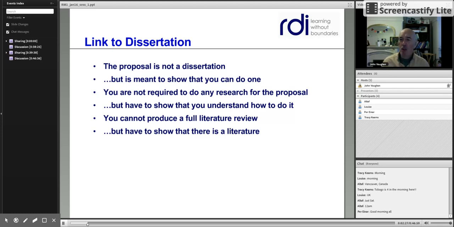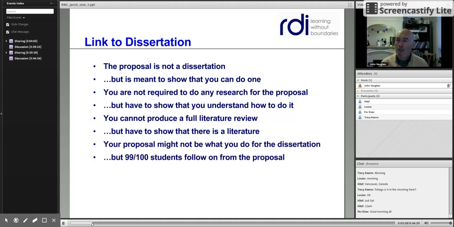In the actual dissertation, that's likely to be the biggest section, and something like 6,000–7,000 words is fairly common for a lit review, which is double the size of this assignment. So you clearly can't do a full literature review, but what we need you to do is really two things. First of all, to show that you have identified appropriate theory, that there is a theory underpinning what you are going to do, and secondly, that you're capable of picking up key threads and writing about it. So that's what we need you to do on this module.